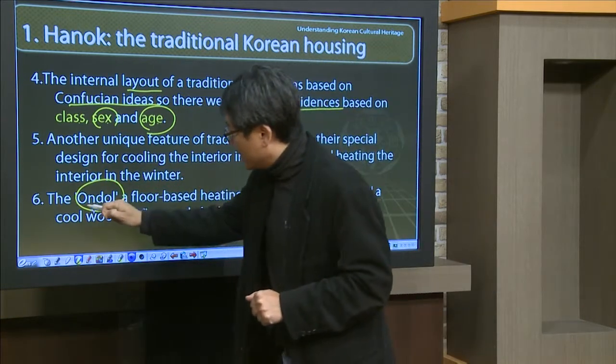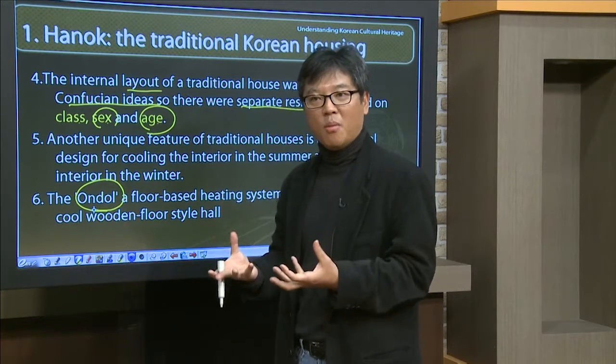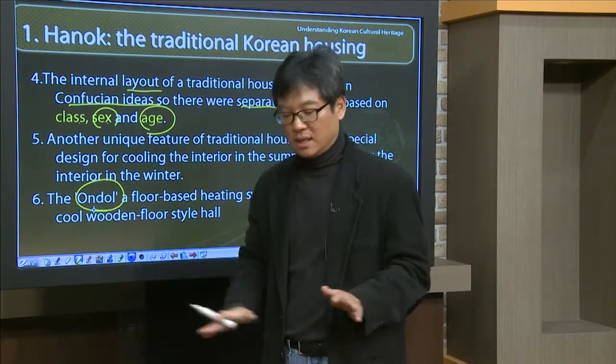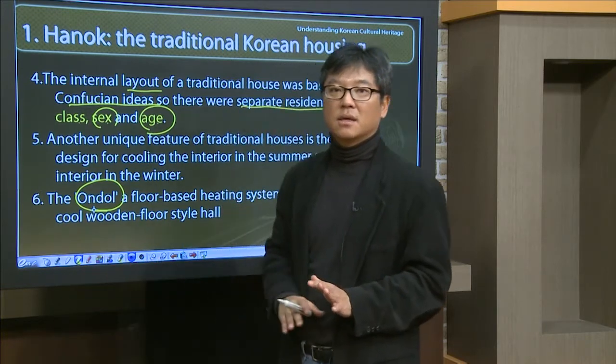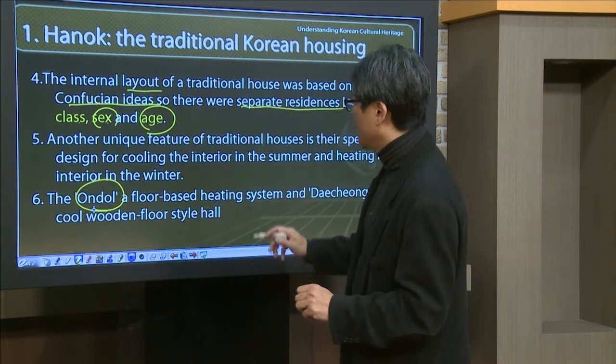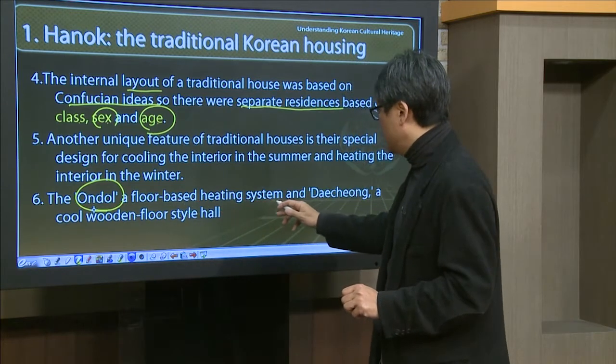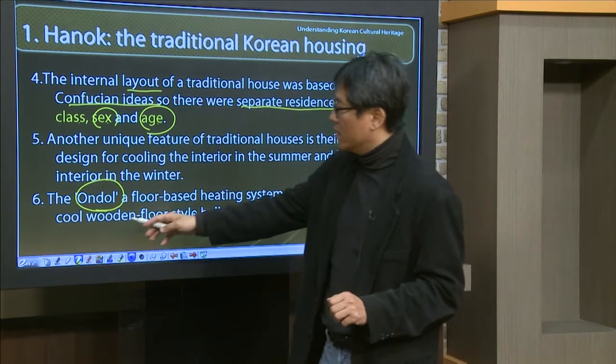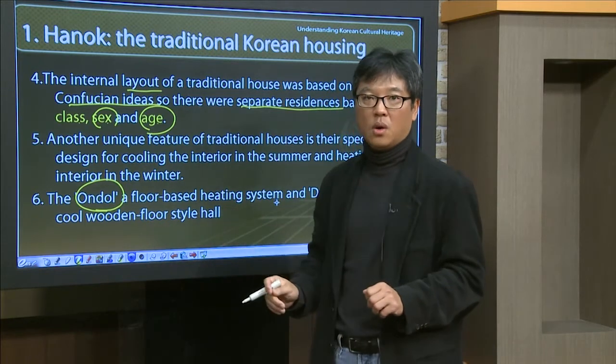If I translate it literally, that means warm or heated stone. Actually, it's a slab of stone laid on the ground. And it's a floor-based heating system, and daechung, which means a cool wooden floor style hall.